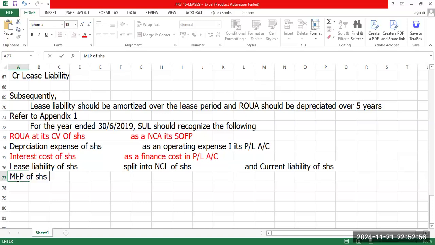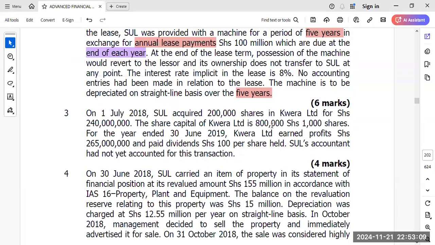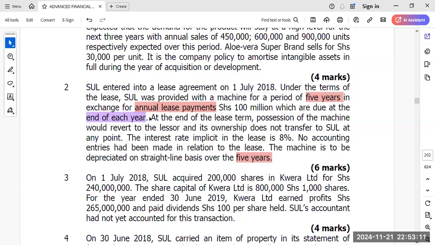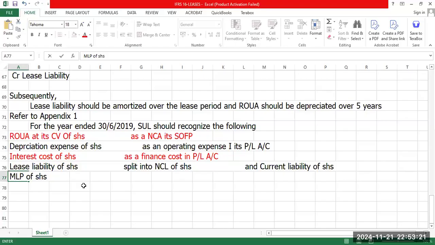This one is even given directly before we compute. What you are supposed to pay? Annual lease payment, shillings 100 million. That's what you record. Minimum lease payment of shillings 100 million.